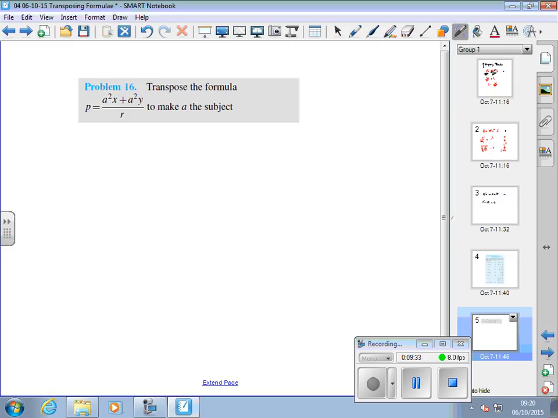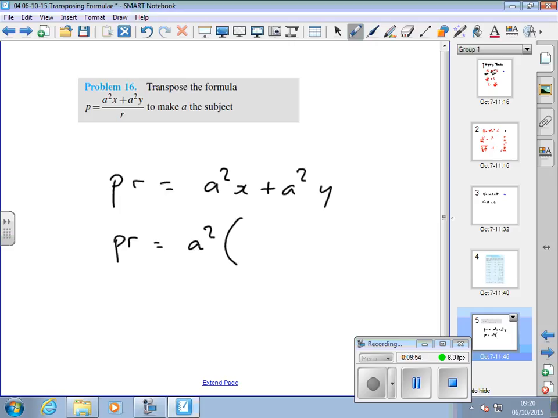So I'd multiply both sides by r, and I'd get PR equals a squared x plus a squared y. And then I'd factorize. I'd take the a squared outside a bracket and ask myself, what have I got to times that a squared by to get back to a squared x? x. So x inside the bracket.